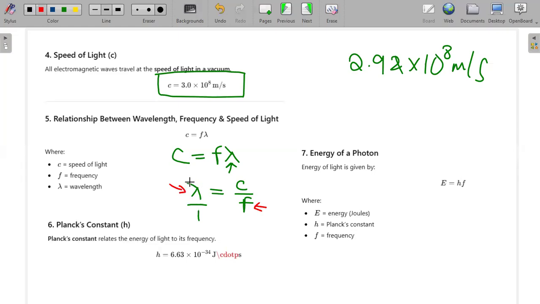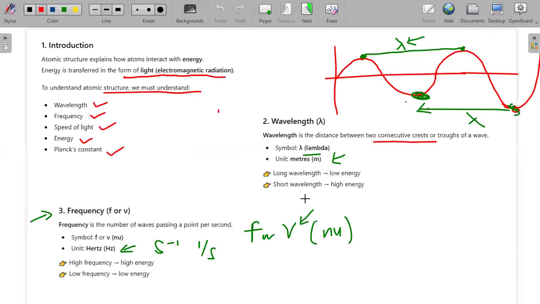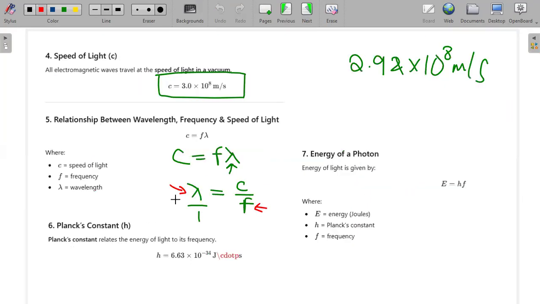If the wavelength decreases, the frequency increases. No wonder we're making this statement here: if you have a long wavelength, then you expect your frequency to also be low. And if the frequency is low, you have low energy. It comes from this formula here.